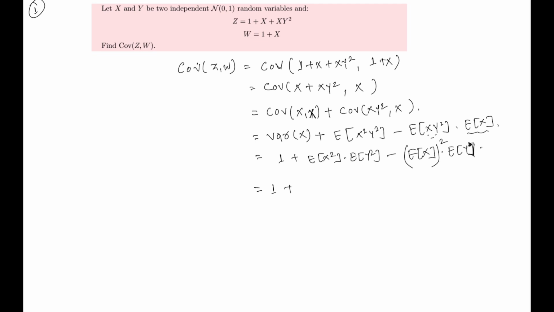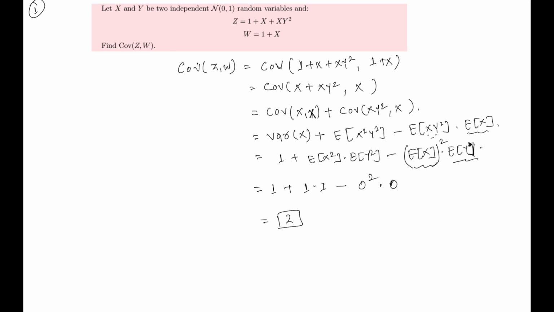And what is this? This is nothing but the variance, because the mean of this random variable is 0, so variance would be expectation of x square. So that would be 1 times 1, minus the expectation of x squared, which is 0, times the expectation of y, which is also 0. So overall you will get 2. So the answer for this question is 2.